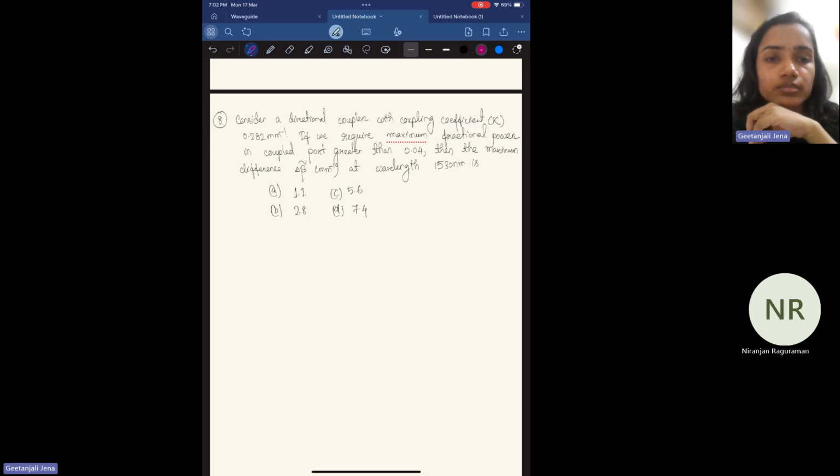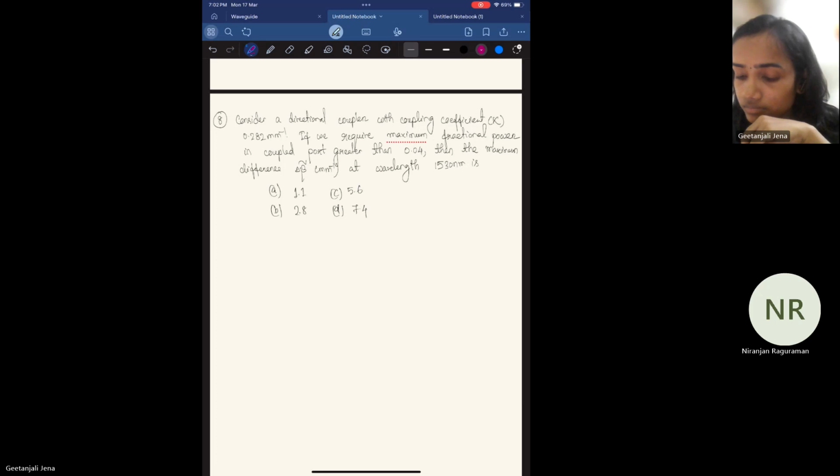Please go through the question once. The question says, consider a directional coupler with the coupling coefficient kappa as 0.282 millimeter inverse.